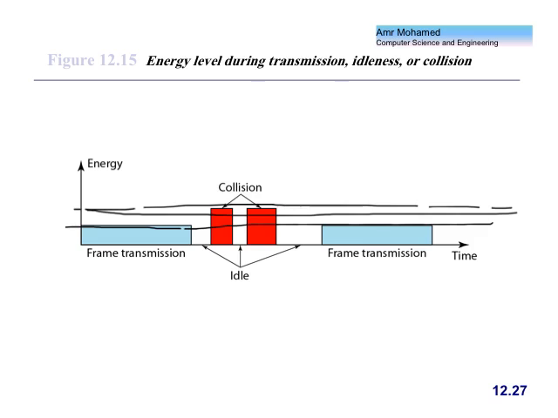If it's above the second threshold, there is more than one sending at the same time, which means collision. So that's simply how the energy level indicates the three different states. Using two thresholds, I was able to detect three states: idle, frame transmission, or collision. So I need to have two thresholds in that case. Okay? So any questions? Again, where's the second threshold?